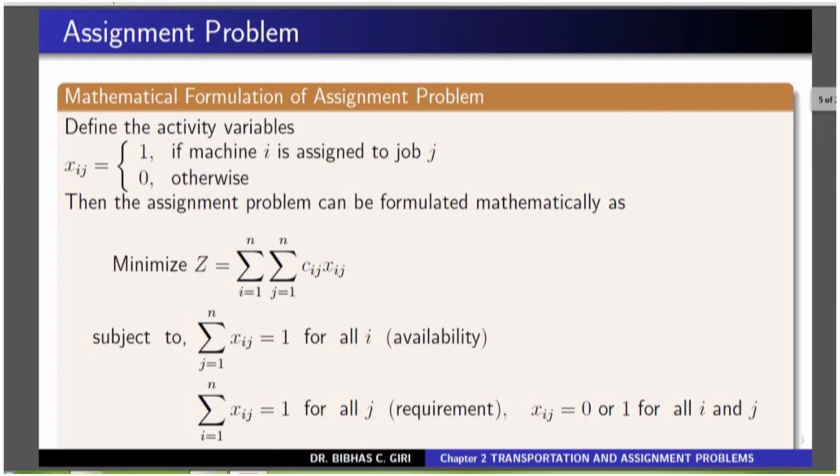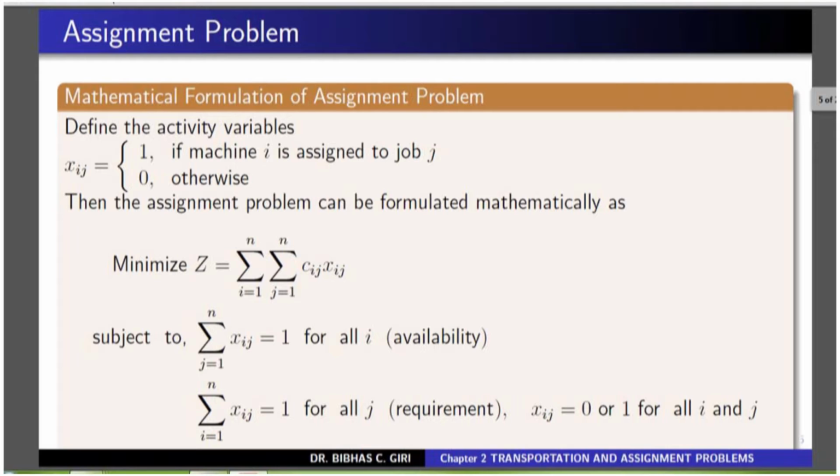And also we have to satisfy some constraints, say sigma Xij, j equal to 1 up to n, which is equal to 1. This is called the availability constraint, and this constraint is satisfied for all i. Another constraint is sigma Xij, i varies from 1 up to n, is equal to 1 for all j.